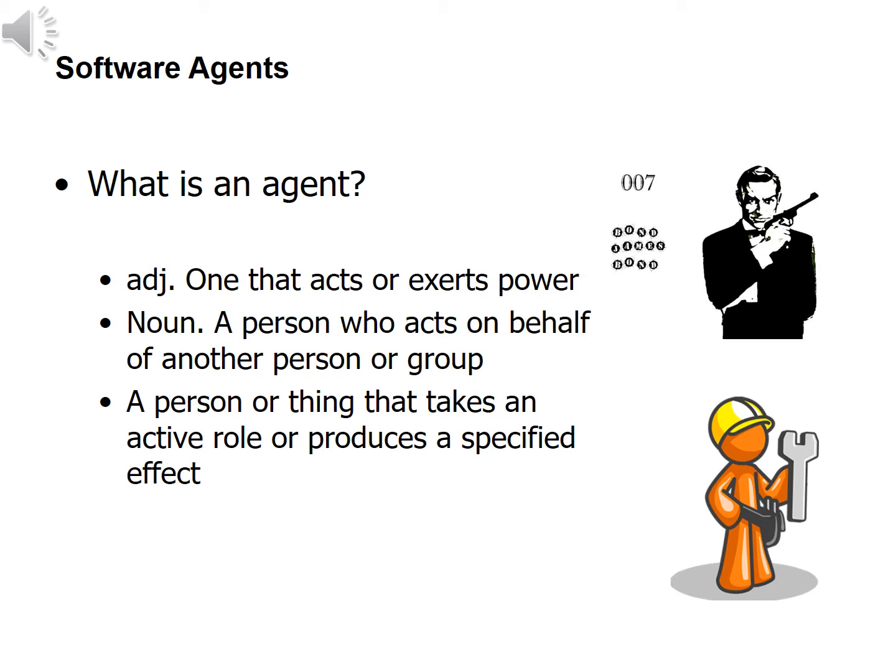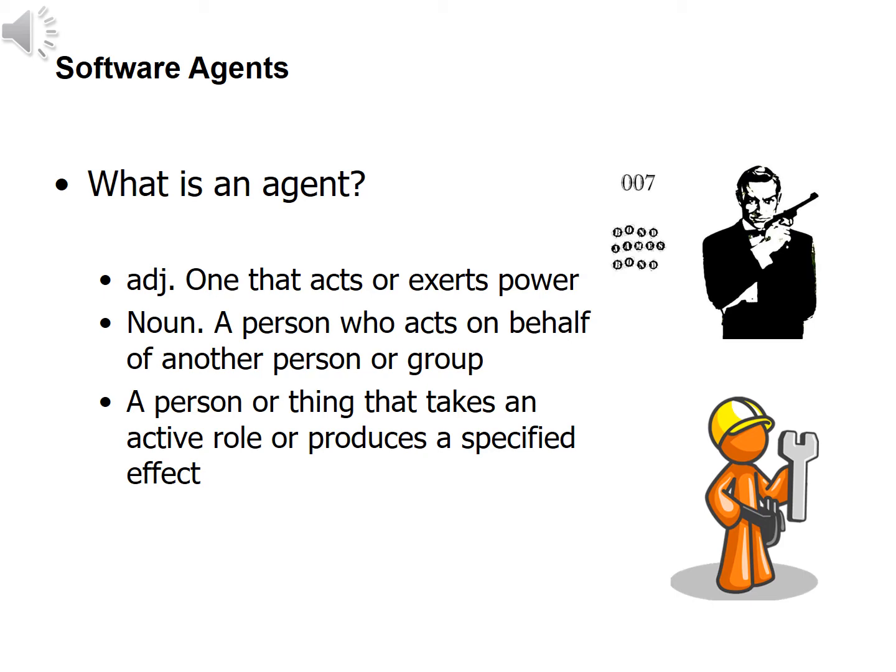So related to this concept of an agent, we are going to deal with intelligent agents, and intelligent agents are supposed, like agent 007, to take the best possible action in each situation. So we're going to study the problem of building such agents that are intelligent in this sense.